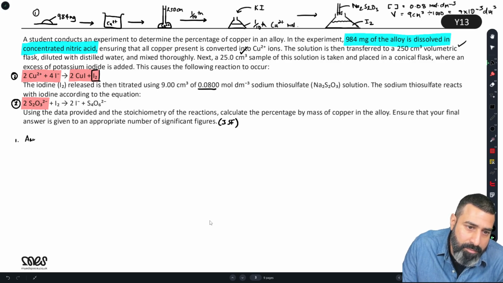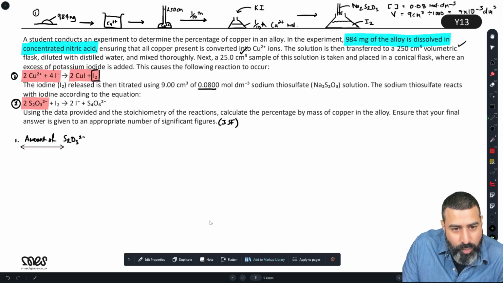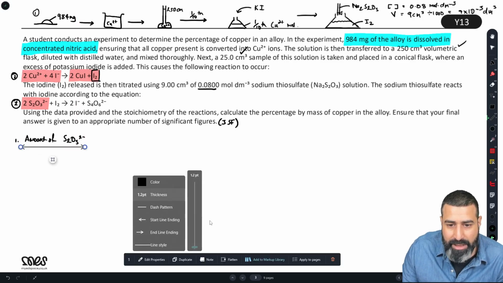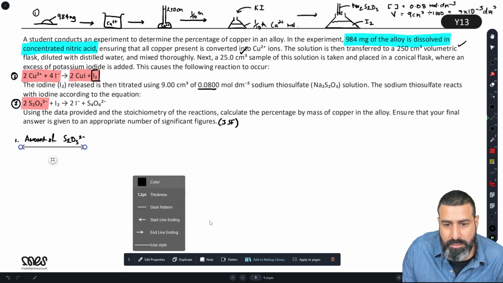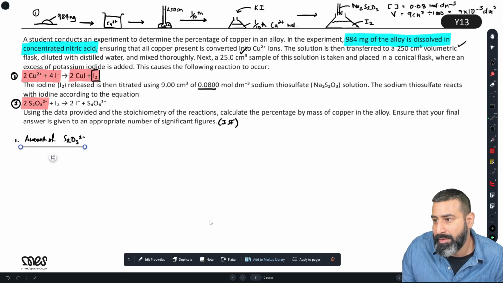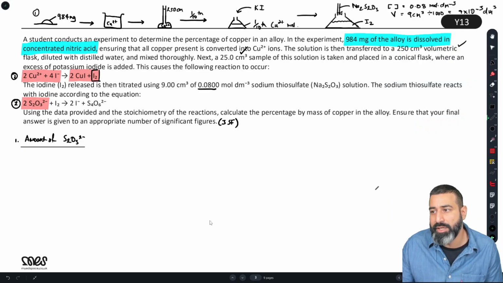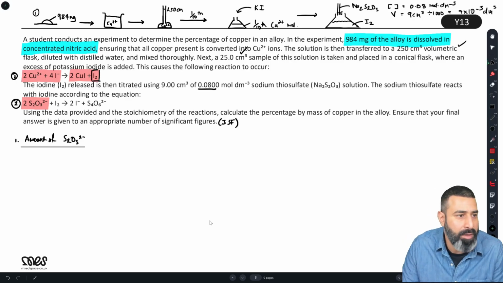is the amount of S2O3 2 minus. Okay, it's really worthwhile putting headings in your working out, okay? I think that will pay dividends because if you don't, the examiner doesn't really know what you're referring to, and is trying to follow your working.